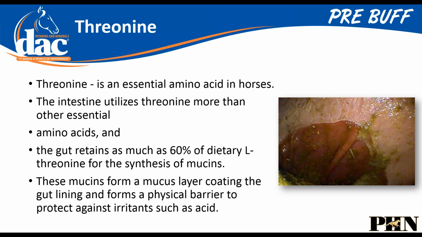So we're increasing the internal threonine amount in the tissue and in the lining of the gut, so the horse's gut lining is producing those mucins and can continue to produce those mucins even if the acid starts washing it away. So that's why adding threonine is much more proactive than adding something like aloe or papaya. Because once it's been washed away, it's not getting replenished until you feed it to the horse again.